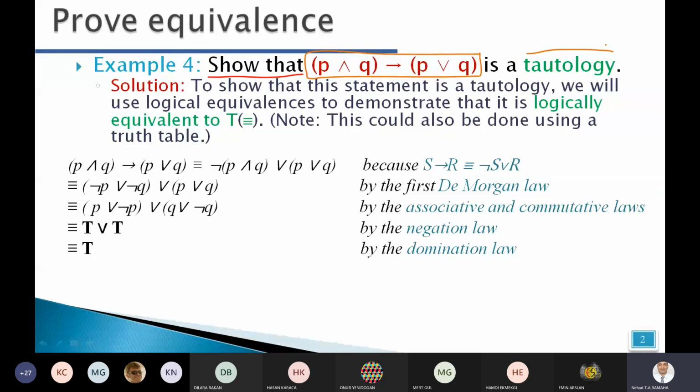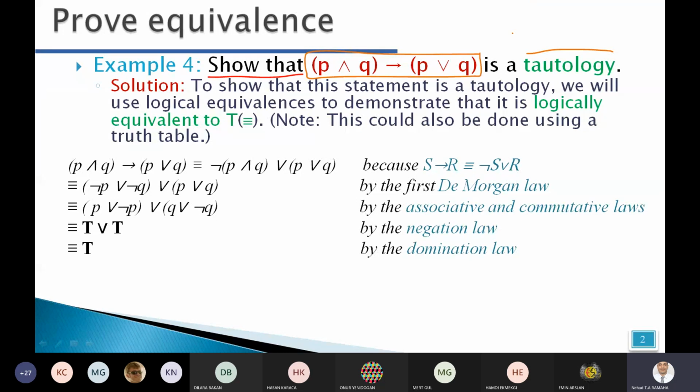I need one of you to answer me. What's the meaning that this proposition is a tautology? What does this mean? Okay, very good. This means it's always true.